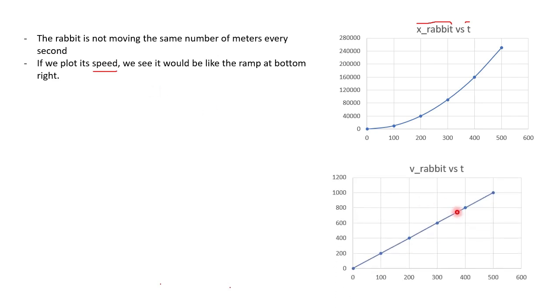Now it would look something like this. For the first 100 seconds the speed is 200. After that it goes to 400, 600, 800, and 1000 centimeters per second. So it's like 2 meters, 4 meters, 6 meters, and so forth.